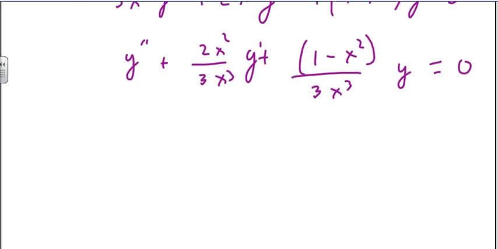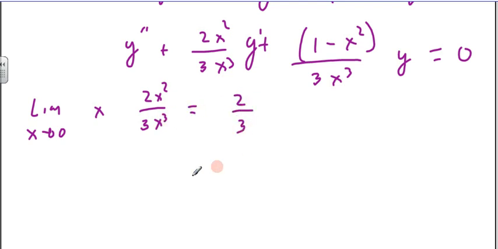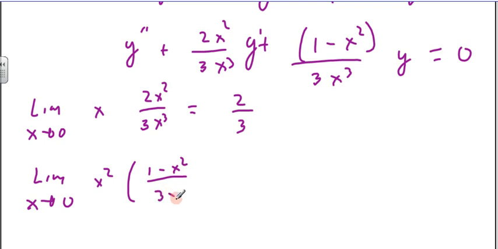We look at the limit as x approaches 0 of 2x squared over 3x cubed, and we find that that's 2 over 3. Then we look at the limit as x goes to 0 of x squared times 1 minus x squared over 3x cubed.